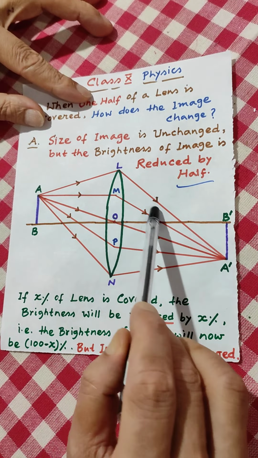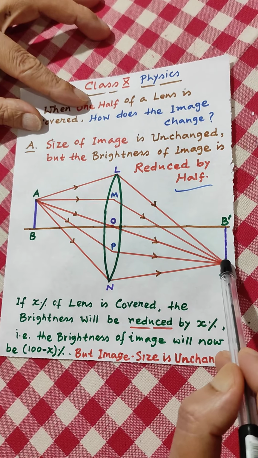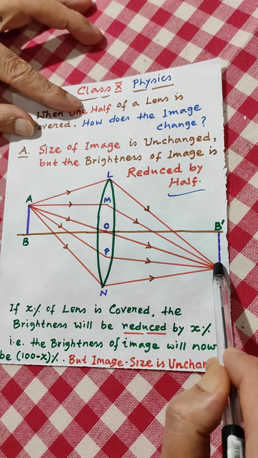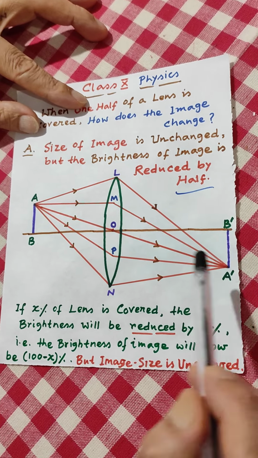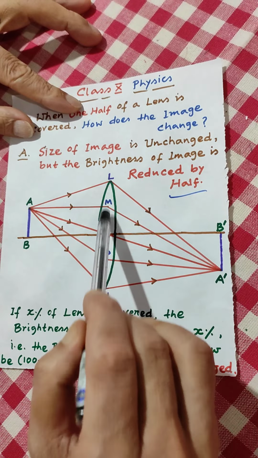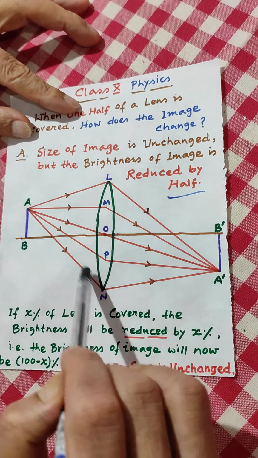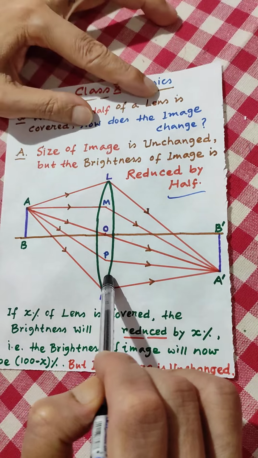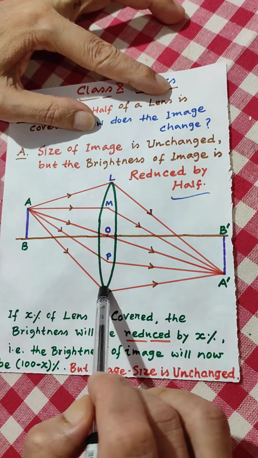Now these emergent rays will meet at this point A dash, therefore A dash will be considered the real image of A. So this is the incident beam, ALN, and the emergent beam is LN A dash.